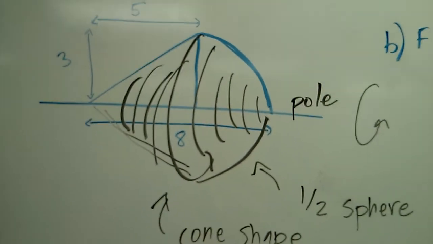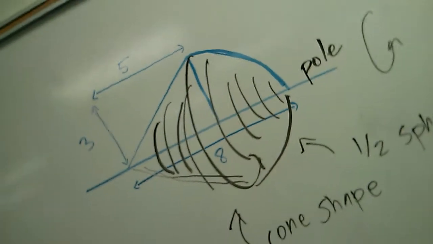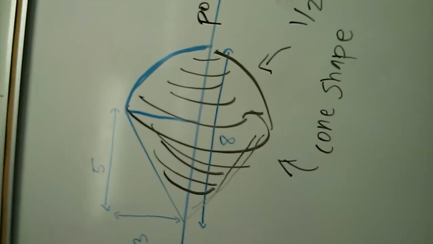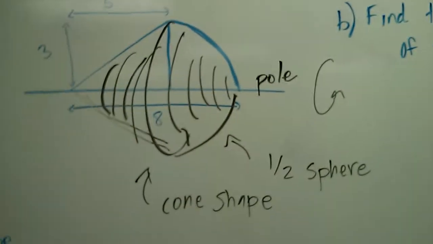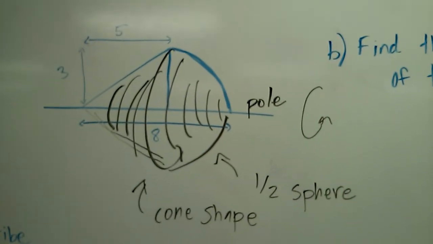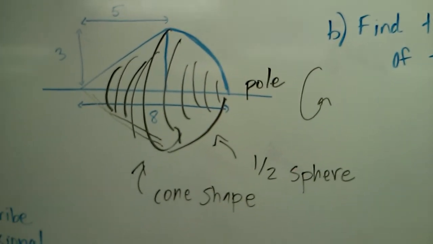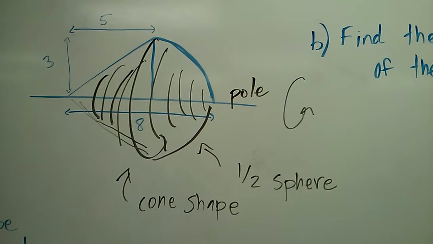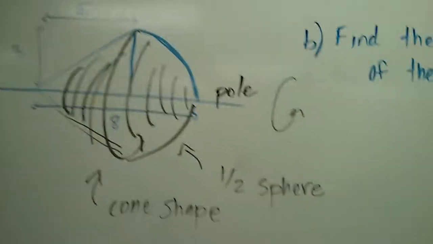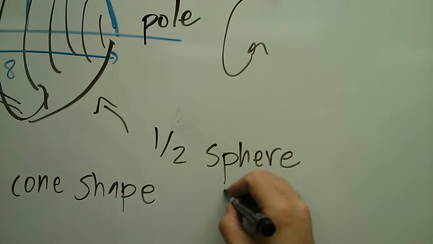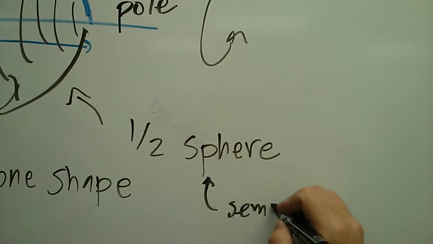If you tilt it on its side, it kind of looks like an ice cream cone with a perfectly round scoop of ice cream on top. So it's a cone with half a sphere. A half sphere is also called a semisphere.